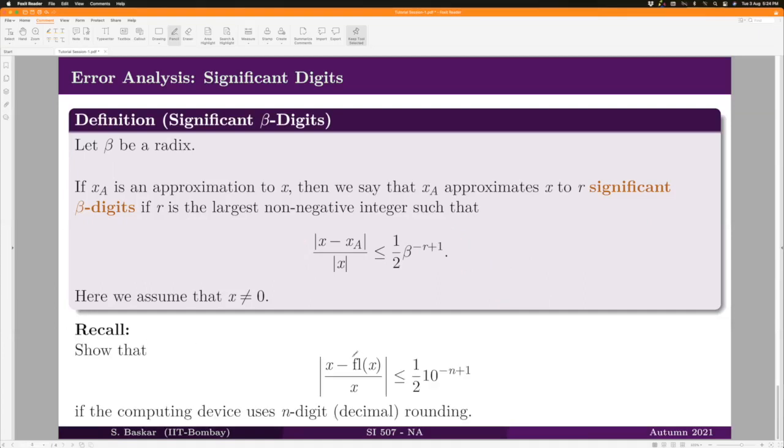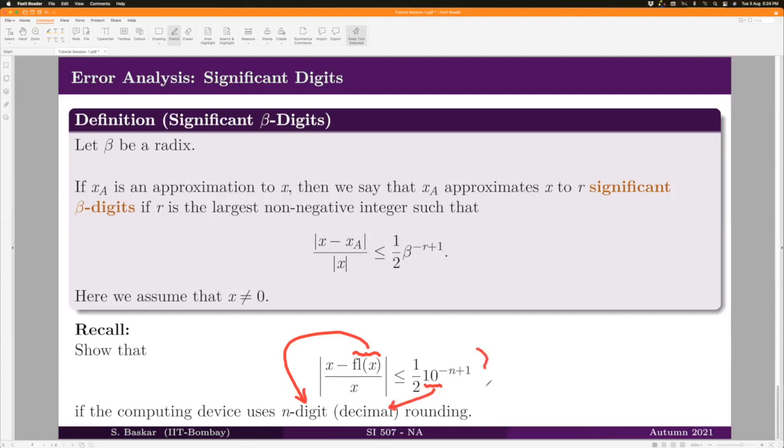Show that the relative error in the floating point approximation of a given number x is less than or equal to 1 by 2 into 10 to the power of minus n plus 1 when this floating point approximation is obtained using n-digit rounding. Well, the problem was just restricted to decimals and therefore we have 10 here.